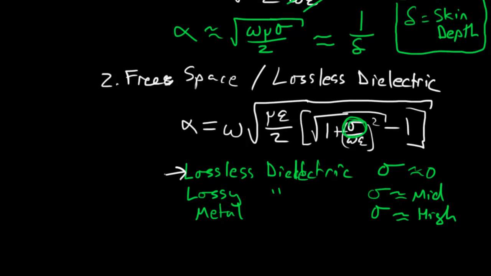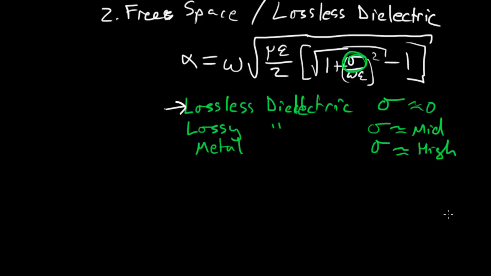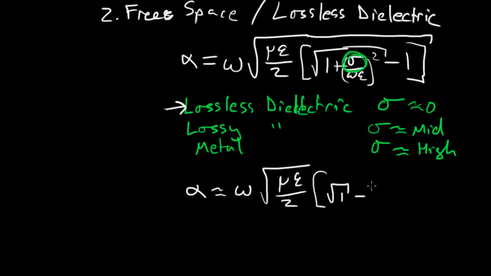In the case of a lossless dielectric, as I just said, that sigma term, that conductivity term, is going to be equal to 0, so the attenuation constant is approximately equal to omega times mu epsilon over 2, times this. What happens inside here is we have the square root of 1 minus 1. And what is that?